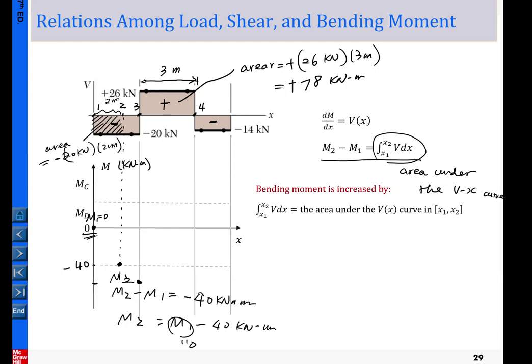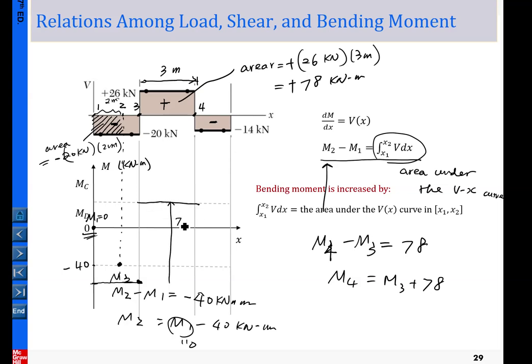Now we plug into this equation: M4 minus M3 equals the area under this curve, which equals 78. So M4 equals M3 plus 78. If we have previously determined the M3 value here, you simply move upward by the amount of 78, from here to here.